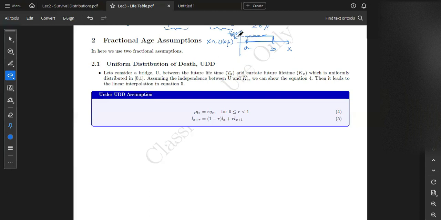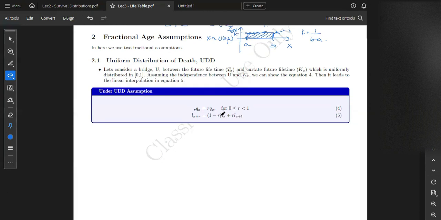It's at a uniform level of K, where K is 1 over B minus A. That is the definition, and it's constant over this time, and the area under this rectangle is 1. So that's the beauty of this distribution. If you have this uniform distribution assumption, we call it, by acronym, UDD.